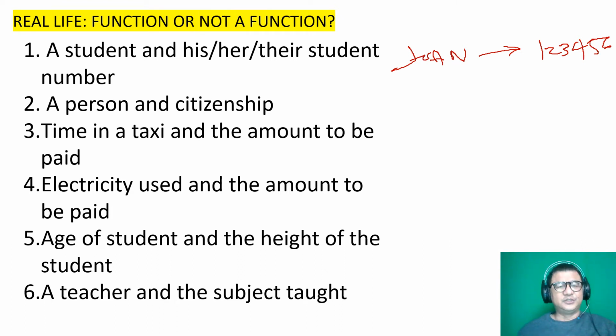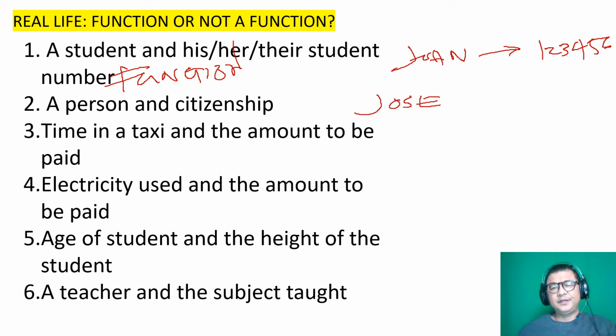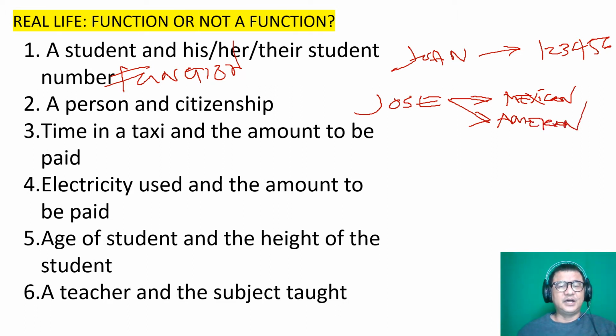No. So this is a function. Okay, now, can a person and the citizenship be a function? Let's say Jose. Can Jose be just a Mexican? No. People nowadays can have dual citizenship. So he could be Mexican American. Okay, so this is not a function.